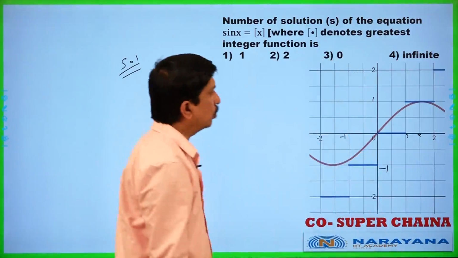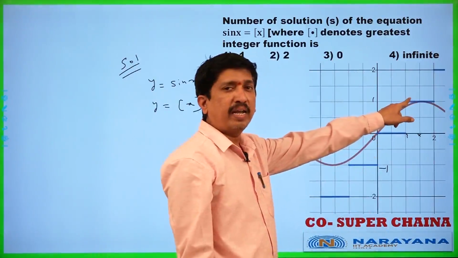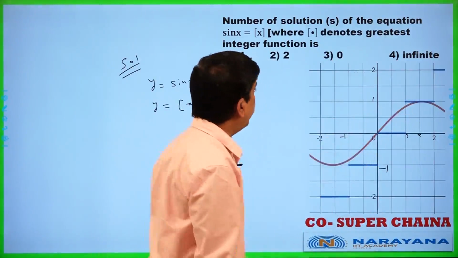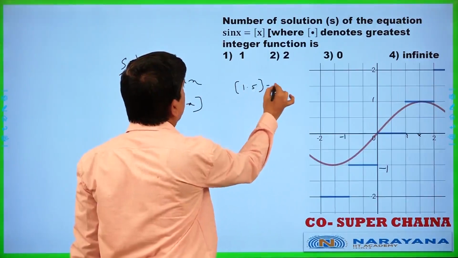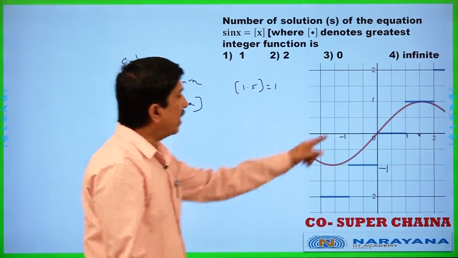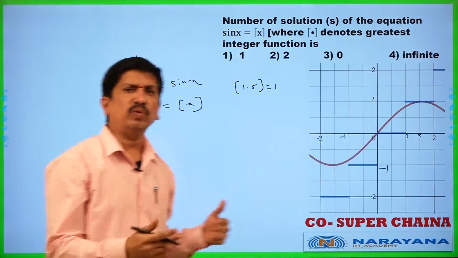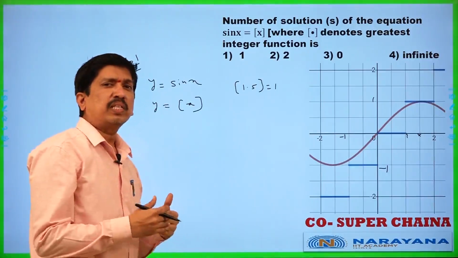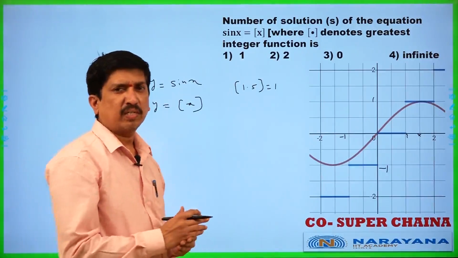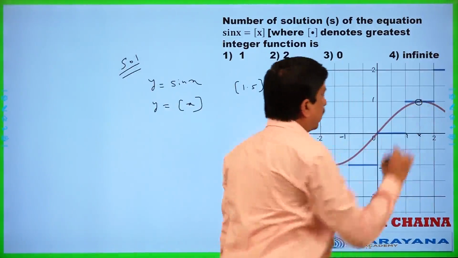Sin 90 equal to 1, and [1.5 something] is also 1, so it is intersecting. One intersection you are getting. While drawing the two graphs, the number of solutions is the number of points of intersection. So here we got one intersection.